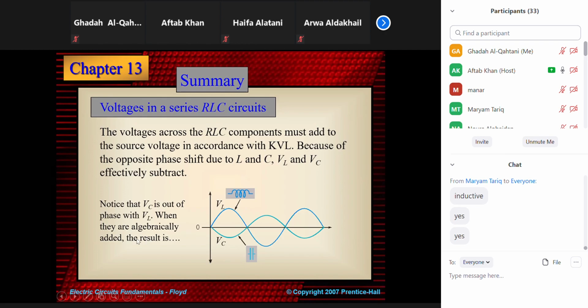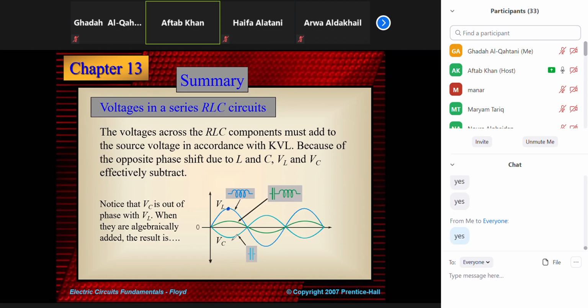When they are algebraically added, the result is going to be something like that. Is it true? Because VL is greater and VC is less, we will have something more positive here, correct? And here the negative is more compared to the positive. This green is what we call the composite or overall voltage drop across both of them.